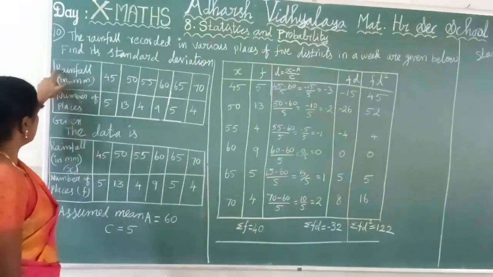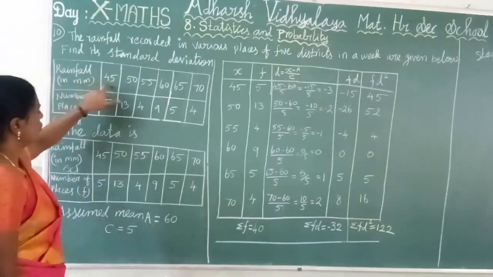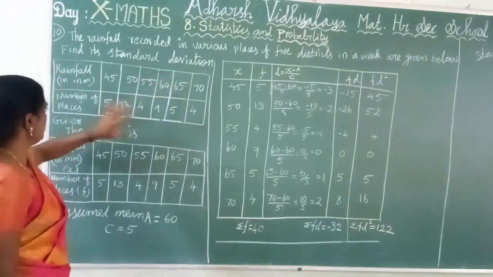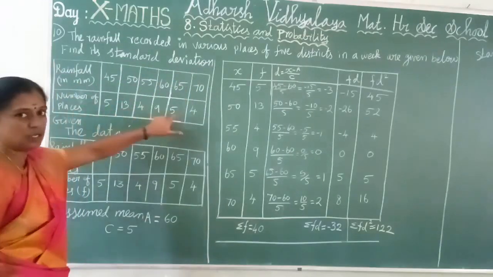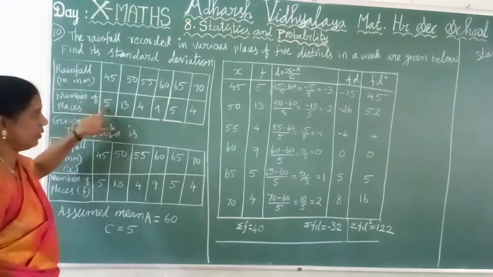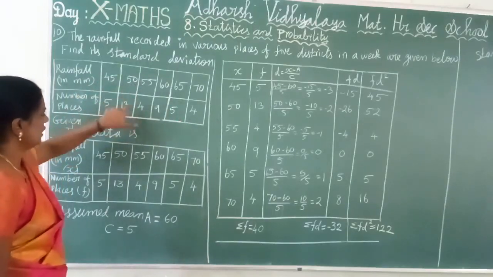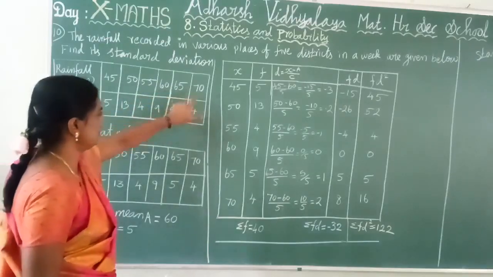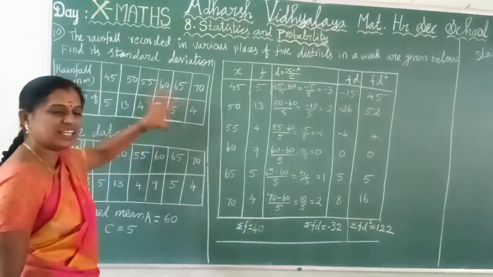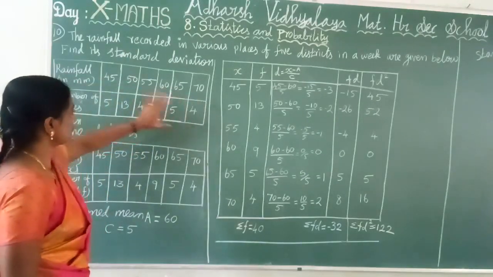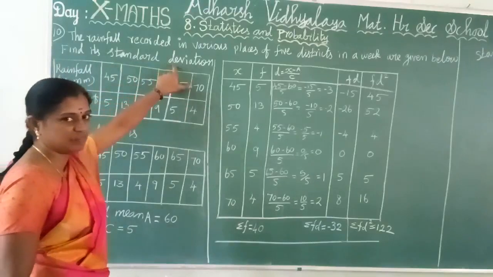Rainfall in millimeter, 6 categories are given, and the number of places is also given. Here 45 millimeter rainfall means 5 places. Like this, 50 with 30, 55 with 4, 60 with 9, 65 with 5, 70 with 4. Using these data, you have to find the standard deviation.